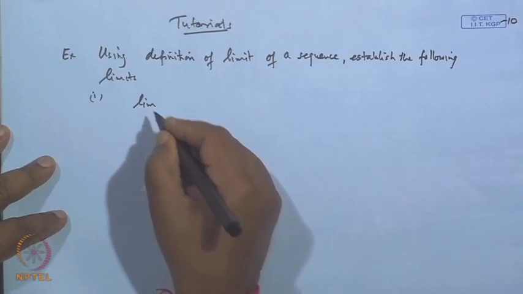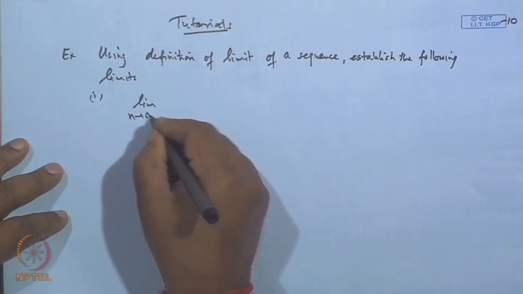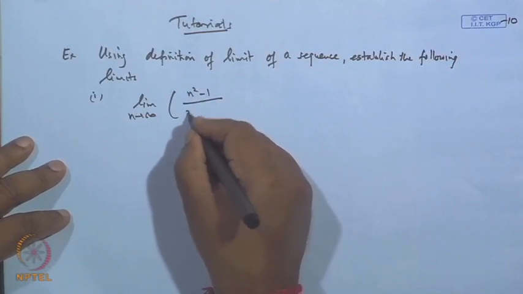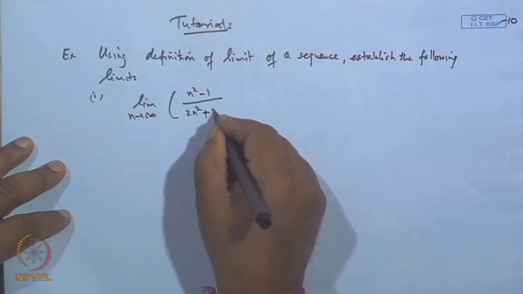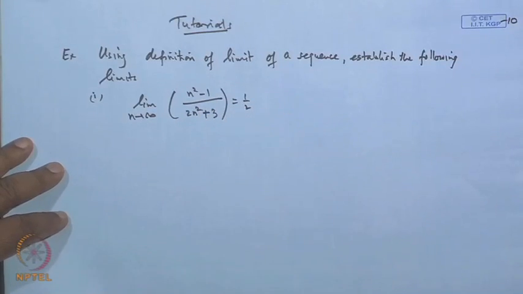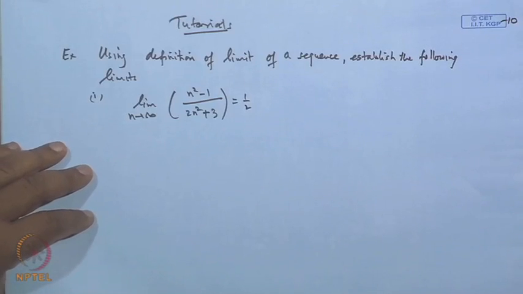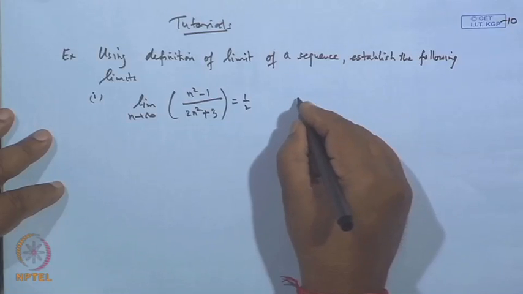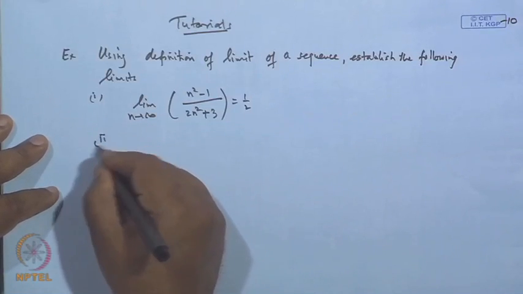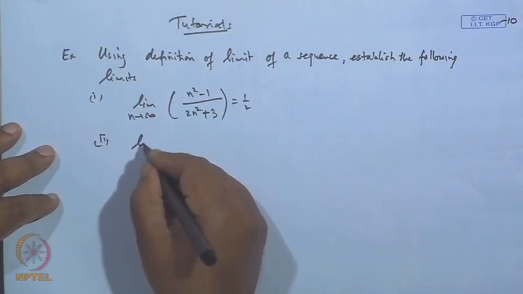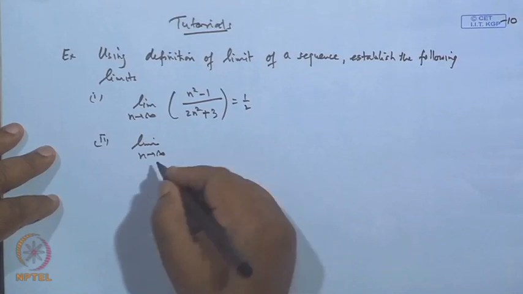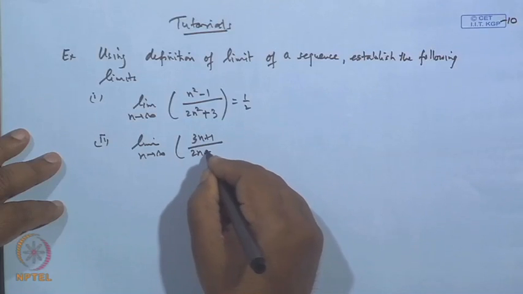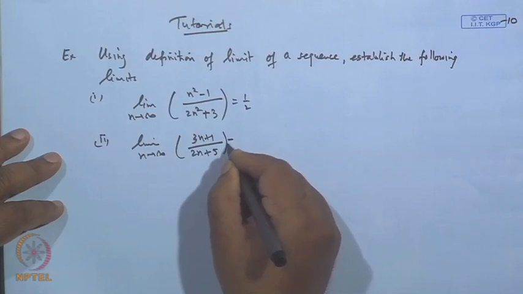The limit as n tends to infinity of n square minus 1 over 2 n square plus 3 is equal to half. Second, B: the limit as n tends to infinity of 3 n plus 1 over 2 n plus 5 is 3 by 2.